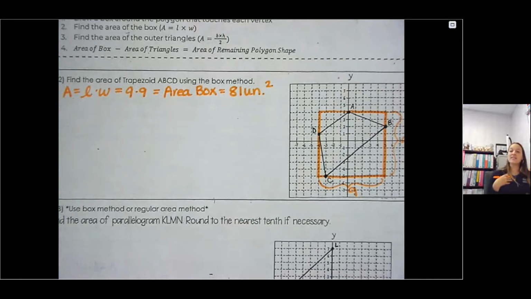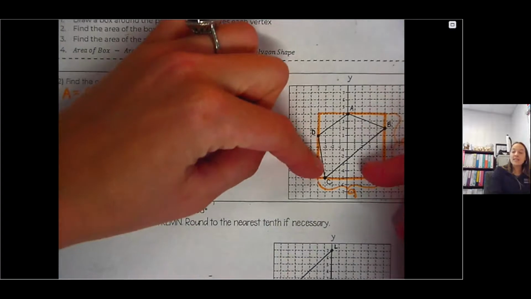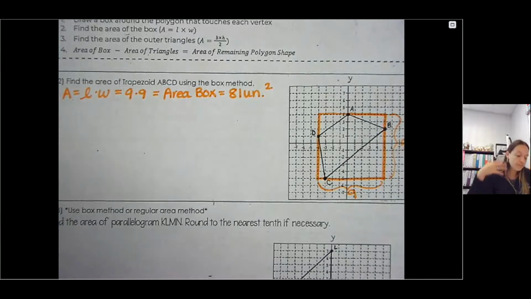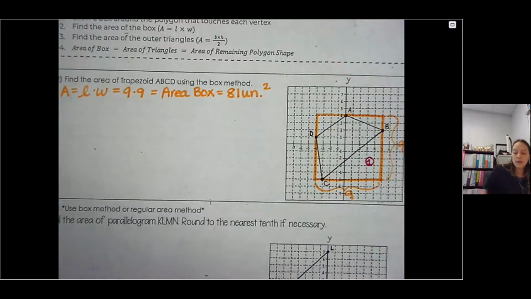What I now need to do is subtract these pieces on the outside, and that's going to leave me with the area of this polygon in the center. So I'm going to number my triangles, just to keep myself organized. I'm going to call this one over here on the right triangle 1.